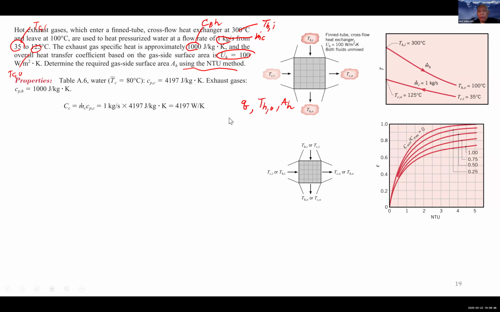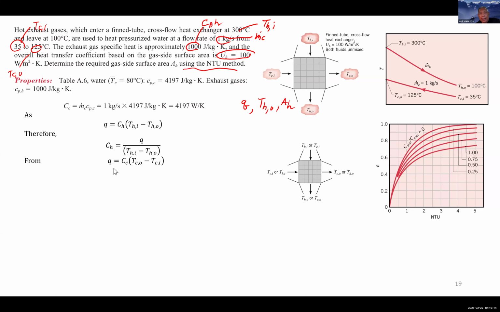So, in order to use the NTU effectiveness, I use this equation first. Q equal to CH times THI minus THO. Okay, rearrange this equation, CH equal to this.